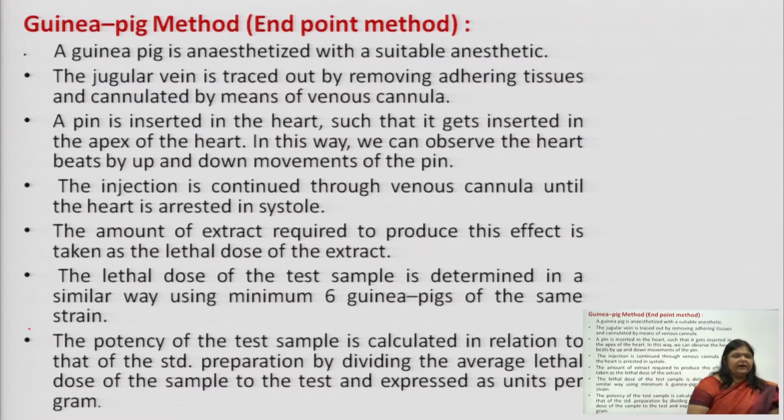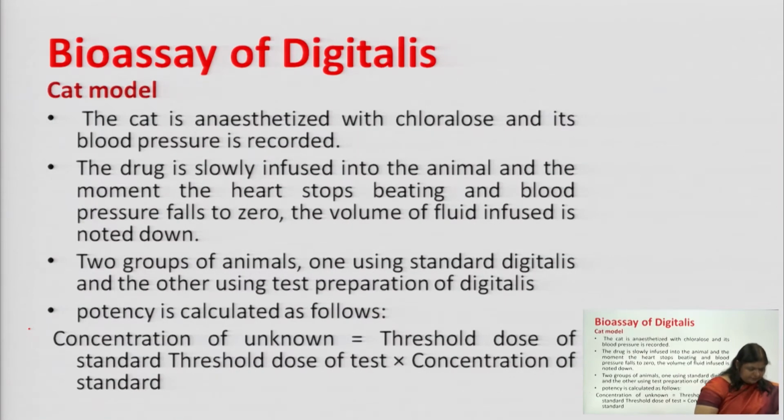So we just administer the test sample, we administer the standard sample and see at which dose the heart stops in the systole. The dose at which the heart stops in systole is taken as the lethal dose, and by comparing the lethal dose of the test with the standard, we can find out the potency of the test sample.